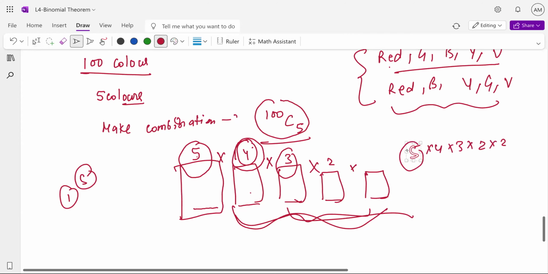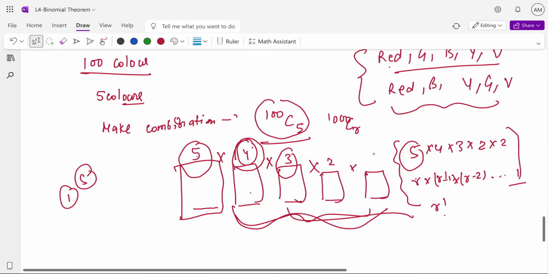If it was 100Cr, I am taking r into r minus 1, r minus 2, going till it comes out to be 1 itself, right? So can I say it is nothing but r factorial? Yes.